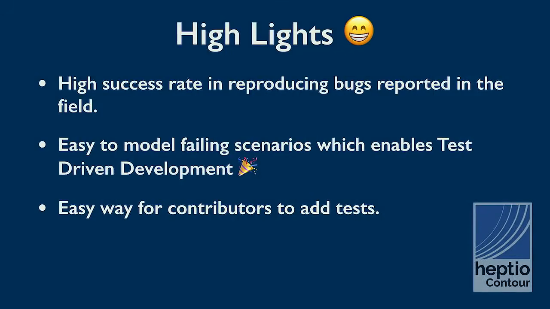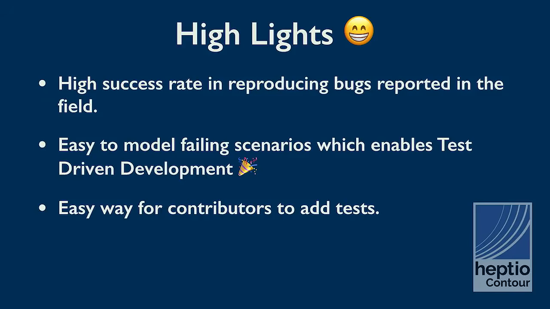The other thing is that it's turned out to be a really easy way for contributors to add tests. When someone adds a feature, you always say, please write a test for that. This is a very easy copy and paste way for people to do that. There are effectively proformas for each of the different types of objects that Envoy needs, so there's plenty of stuff to copy and paste.